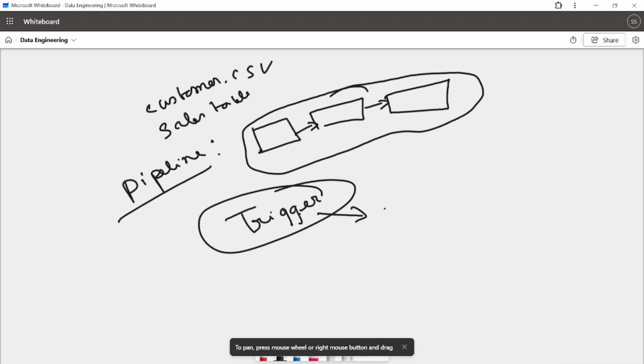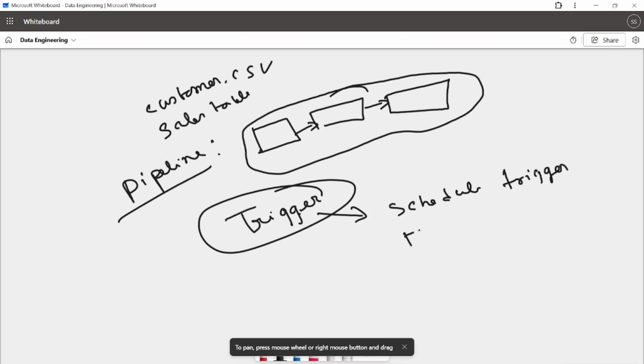So it determines when a pipeline should execute. Types of trigger like schedule trigger. Okay, so the pipeline will run based on the trigger only. If you schedule for, suppose, 6 a.m. in the morning, then it will start running at 6 a.m. Okay, so data will move at that time.